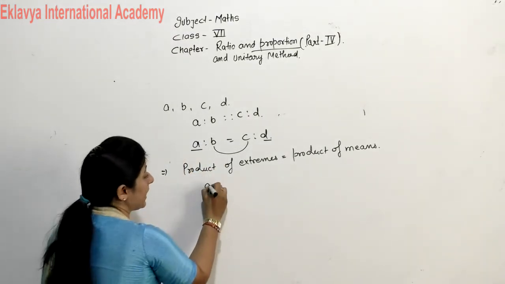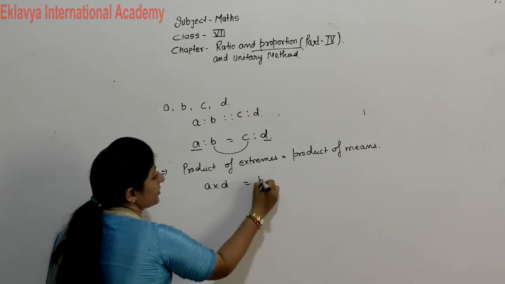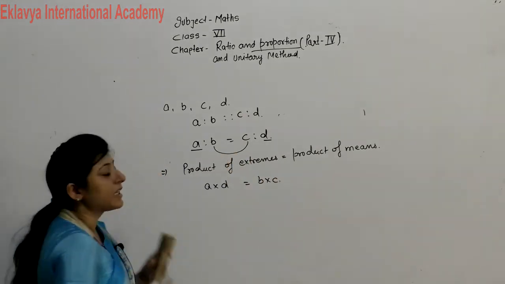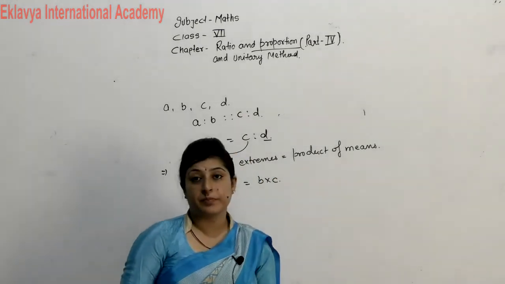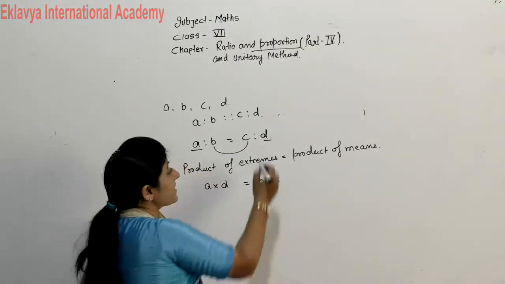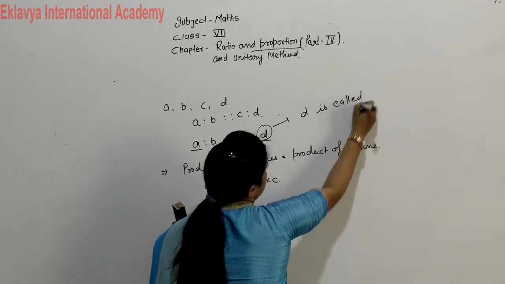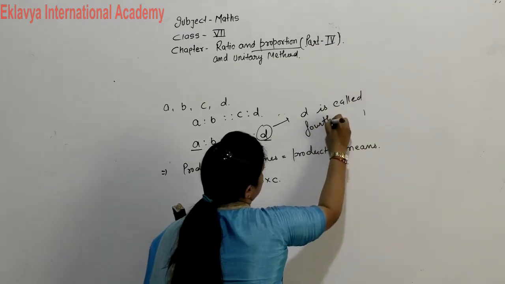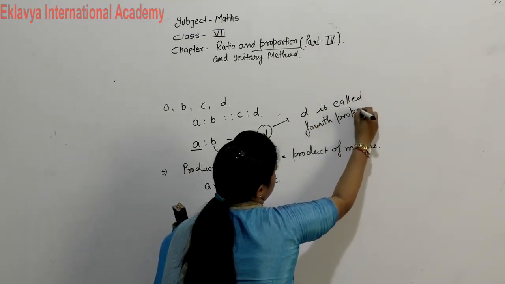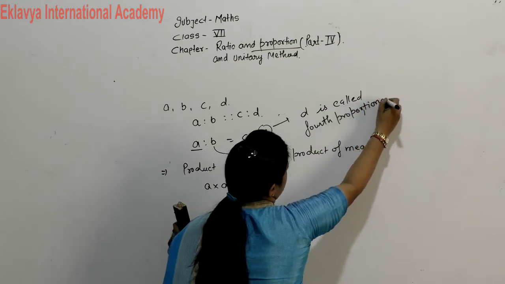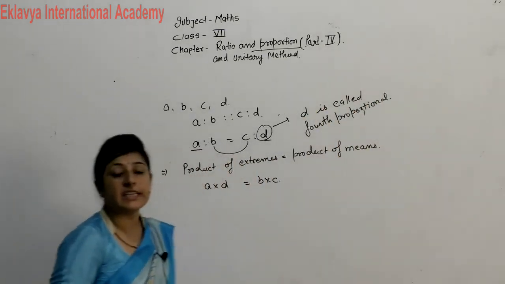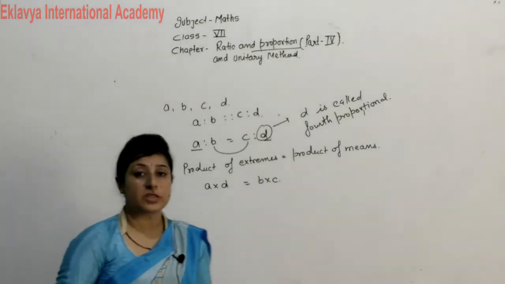It means A multiplied by D should be equal to B multiplied by C. In this case, D is called the fourth proportional.